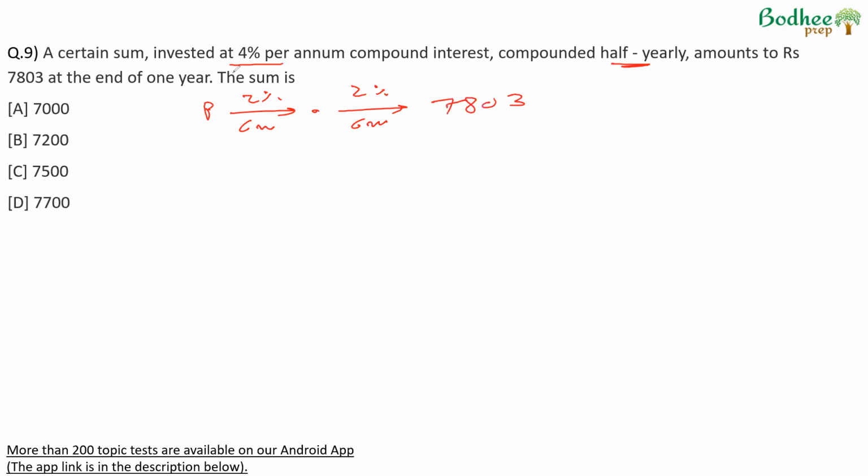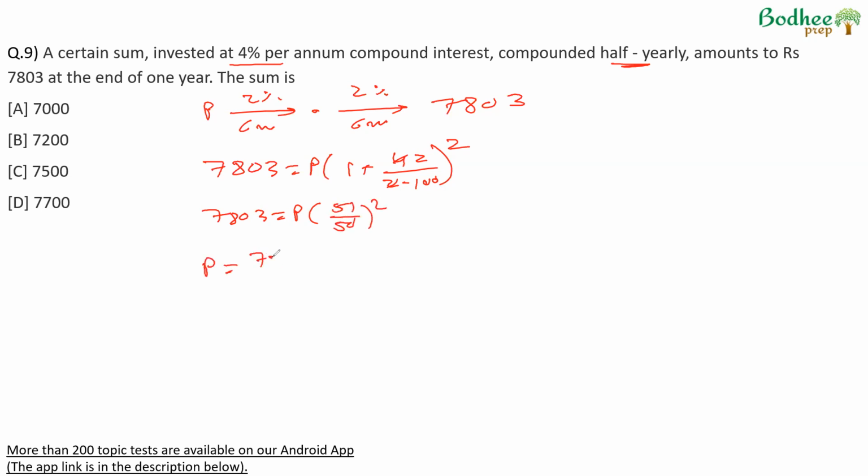We have to find the sum, or we can write amount is equal to principal into 1 plus 4 upon 2 into 100, because it is being compounded half yearly, raised to power 2 for 1 year, which means 7803 is equal to P into, this becomes 51 by 50 whole squared. Therefore, P will be 7803 into 50 into 50 upon 51 into 51.